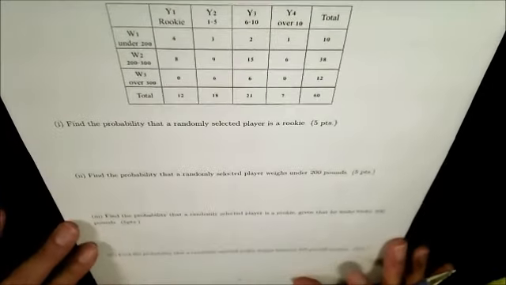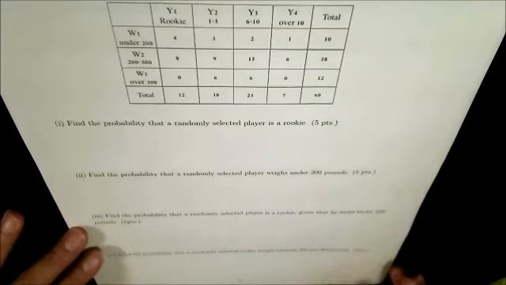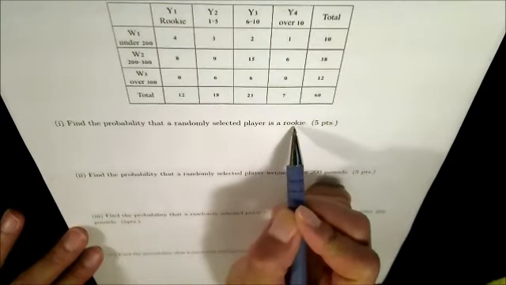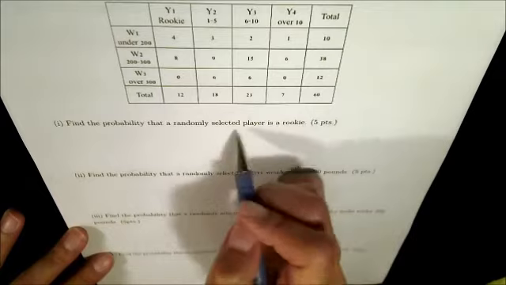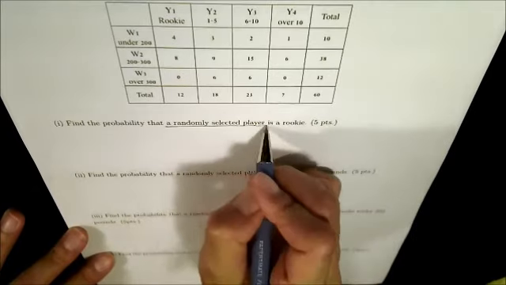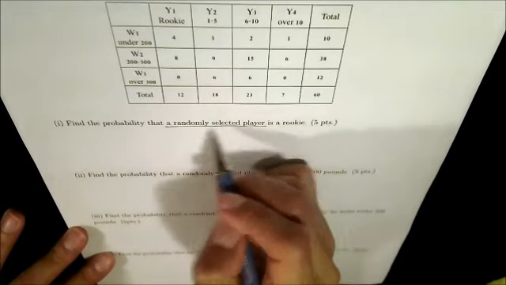Problem number 1. Find the probability that a randomly selected player is a rookie. Here, for a randomly selected player, there is no condition, right?